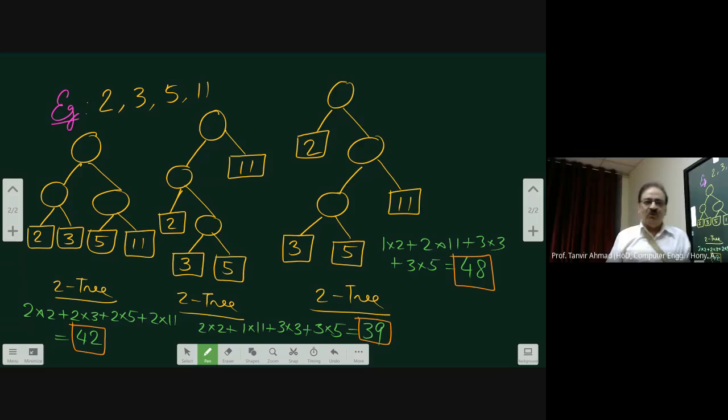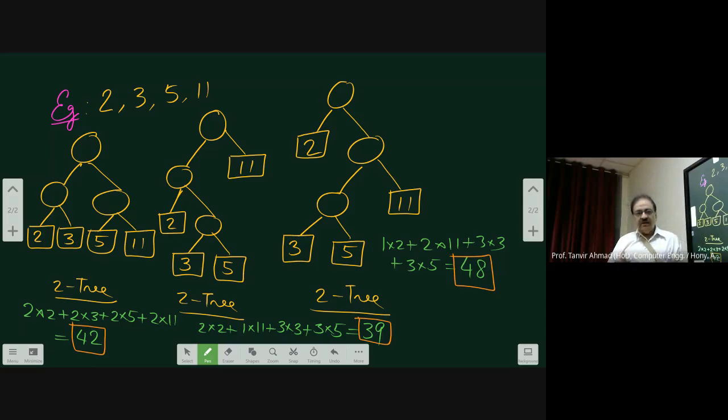All of them are 2 trees, and the minimum of them is the Huffman tree. That means if there would have been only 3 trees like this, the middle one would have been the Huffman tree, and all others would not have been the Huffman tree because that is giving the minimum weight.